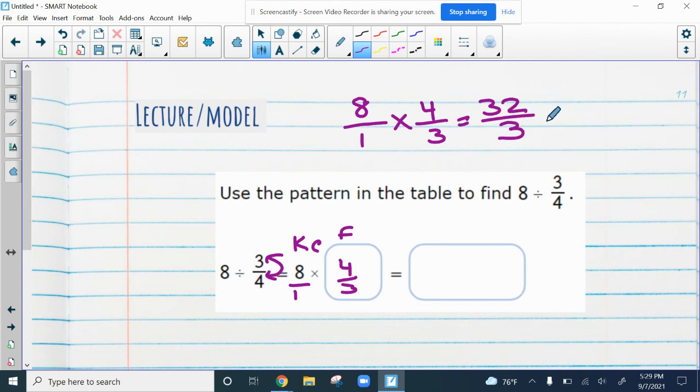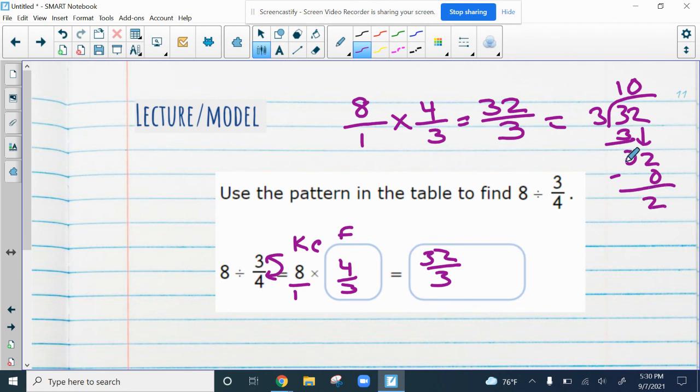So we could do 32 over 3. If this was a real world problem, though, we would need to change it back into a mixed number. 3 goes into 3 once. Subtract, you get 0. Bring down the 2. 3 fits into 2 0 times. 3 times 0 is 0.